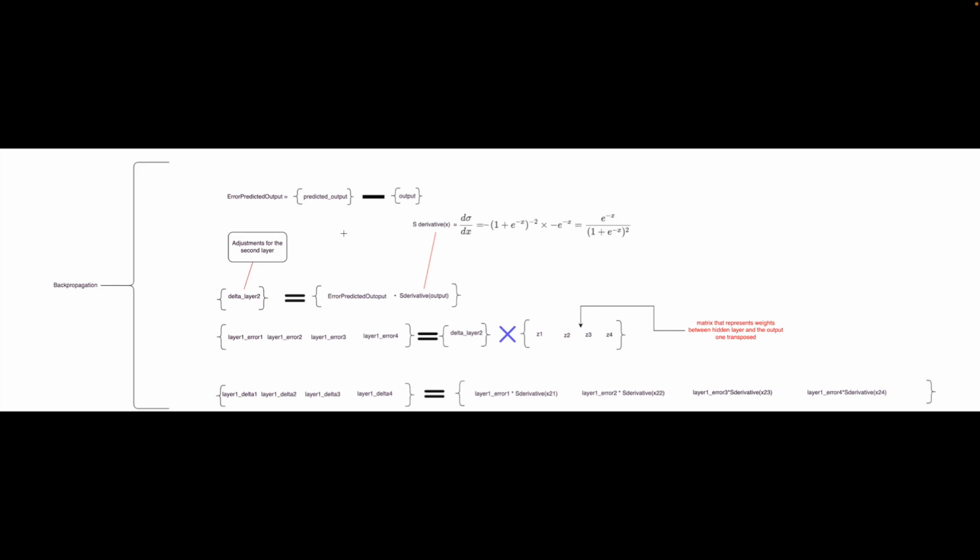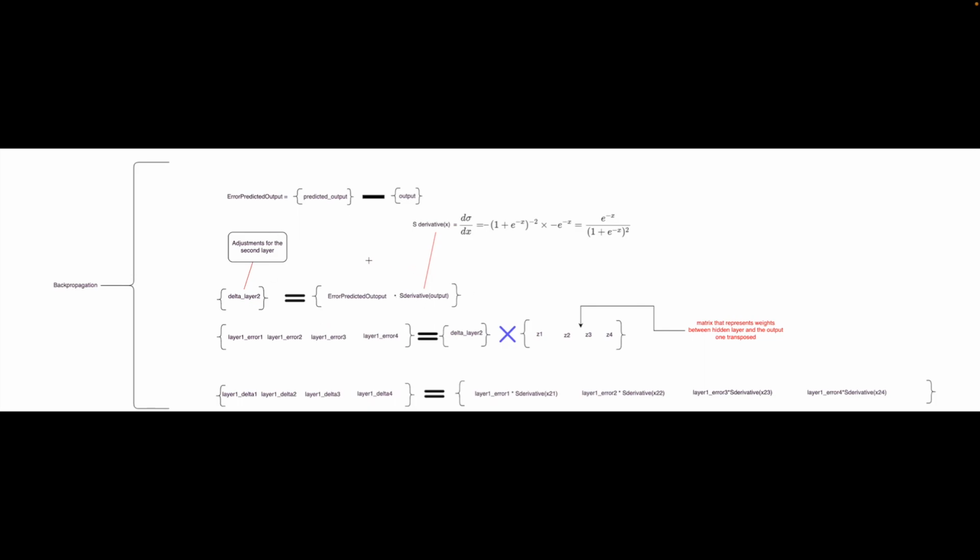Then we will have to calculate a delta, the values that we will use to adjust the weights, and will be computed as the error multiplied, keep in mind, this is not matrices multiplication, it's just a scalar multiplication, multiplied by the sigmoid function derivative of the output.